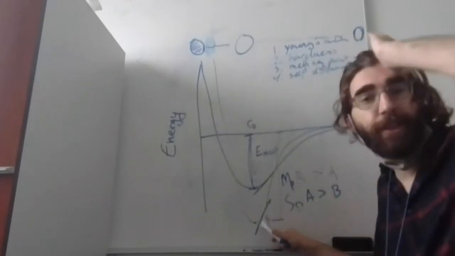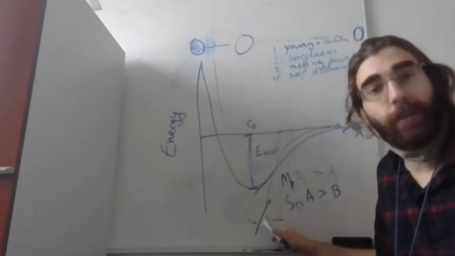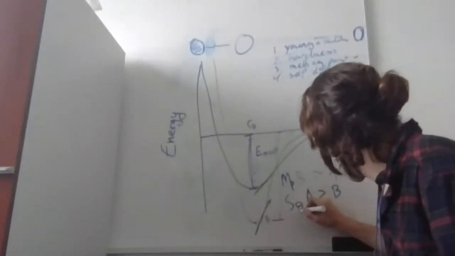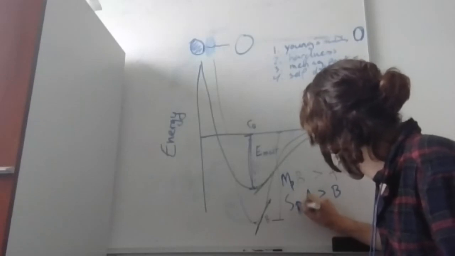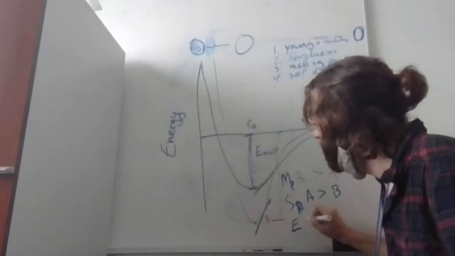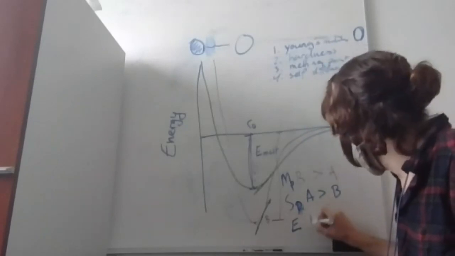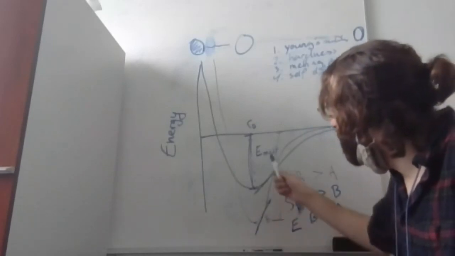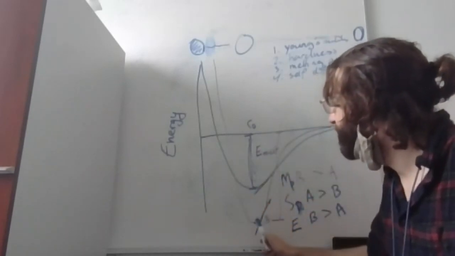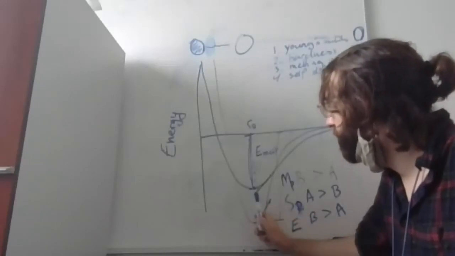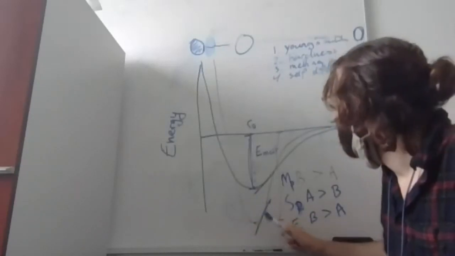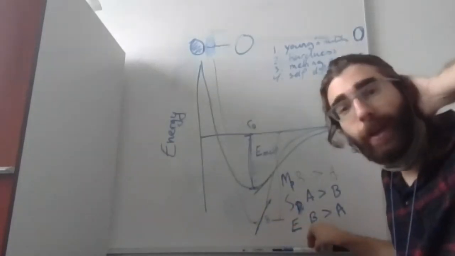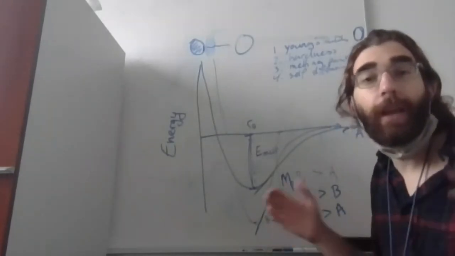We need more energy to elongate the bonds. So what we can say is for Young's modulus, which we write as an E, B has a higher Young's modulus than A. Because looking at this graph, the region directly to the right of the equilibrium distance, the slope is higher for B. So more energy is required to elongate the bonds.